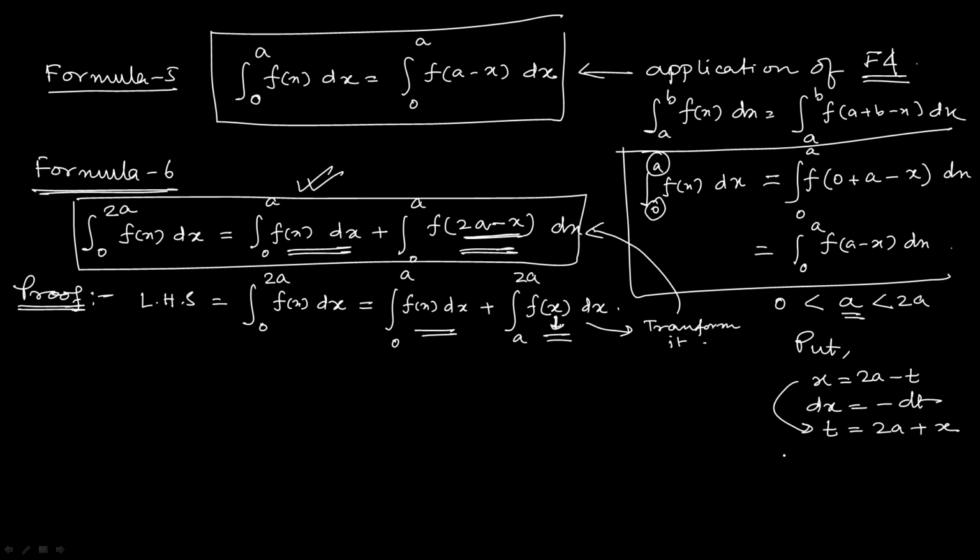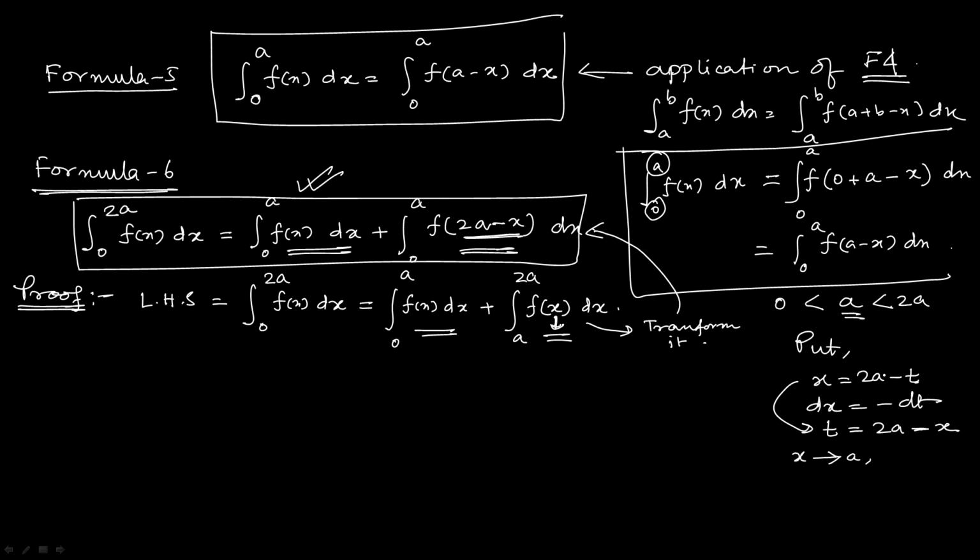Now x is tending to a, so 2a minus x, so x I am changing into... sorry, this one is 2a minus x, I have made some mistakes.